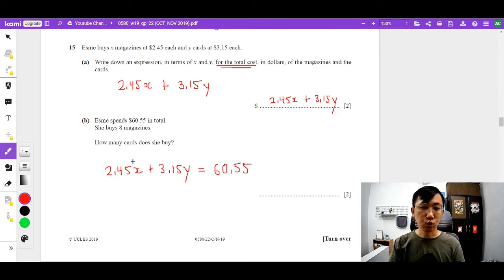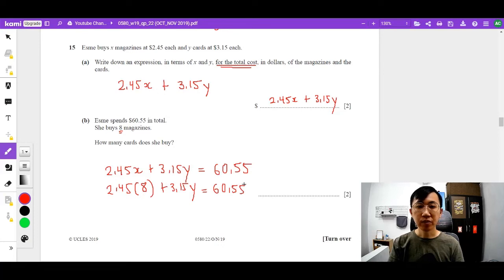So what is X? X stands for magazines. You can also refer to the question on top again. So now replace X with 8 magazines. So 2.45, put your 8, plus 3.15y, copy back. We do not know the number of cards, so we write y.